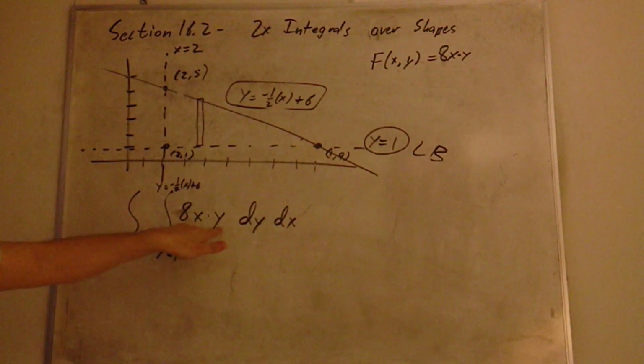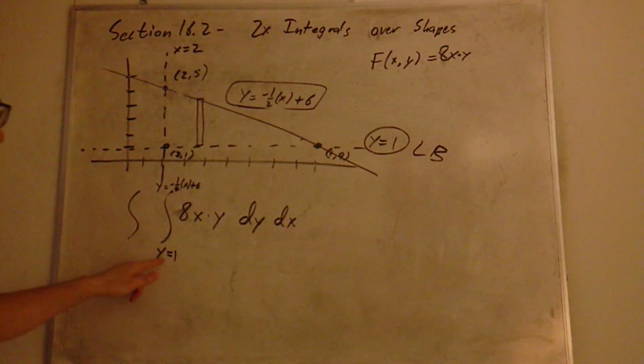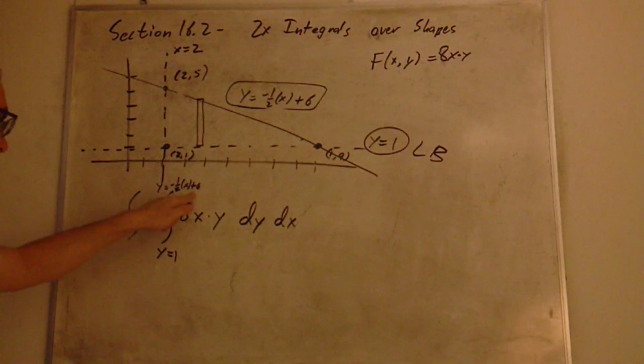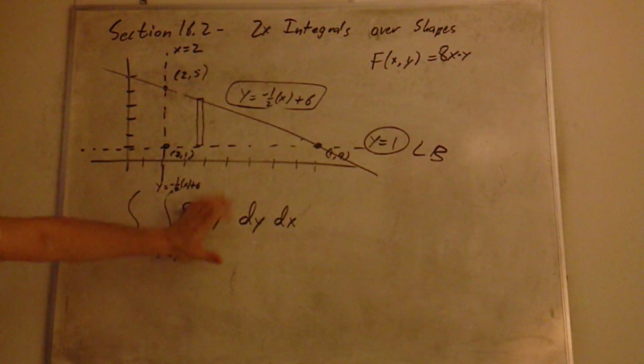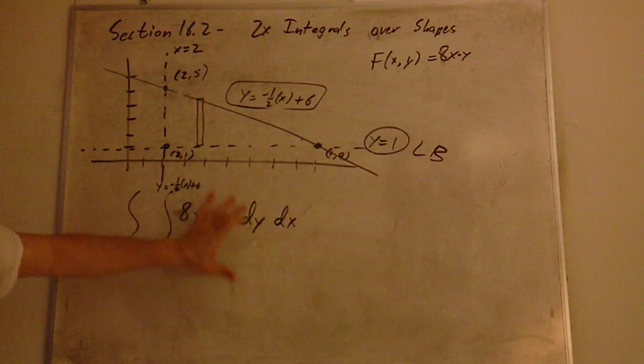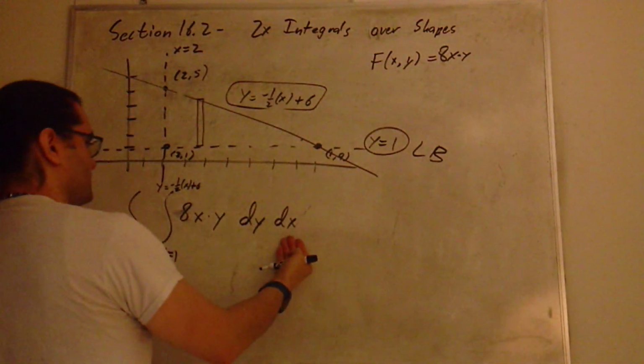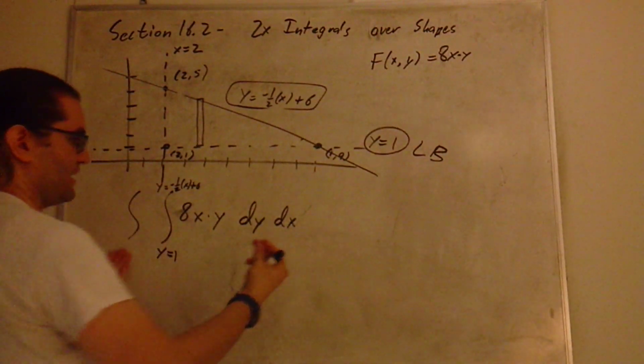Once you integrate it and you get your y squared and you're plugging in your y equals 1 and you plug in your y equals negative 1/2 x plus 6, and then you simplify all the business that's going on in there and you have just x's, then you get to start the second integral, the outside integral, with your dx's.